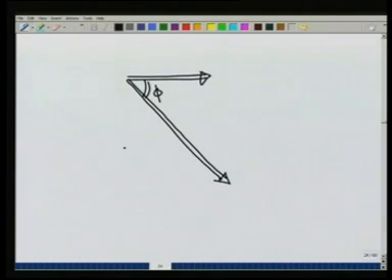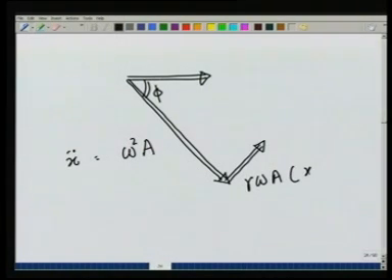So, this gives you a force which is omega square A. The velocity is in this direction, and this is the term which is x double dot. The velocity is this direction, which is gamma omega A. This is proportional to x dot.